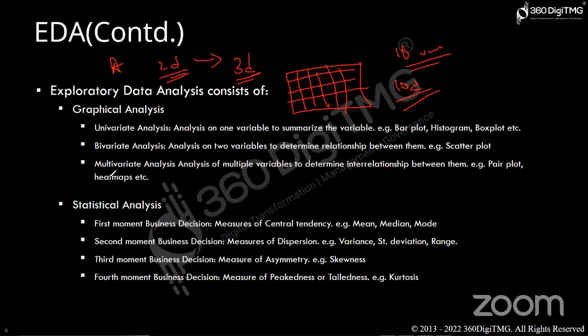So what we do in multivariate analysis, suppose we have 5 variables: 1, 2, 3, 4, 5. What we'll do is a two-dimensional analysis, but with multiple variables.